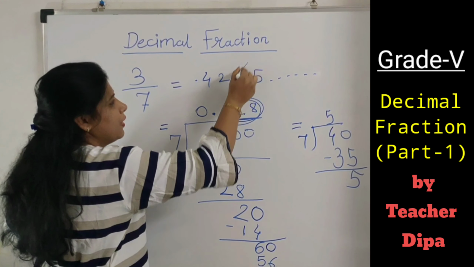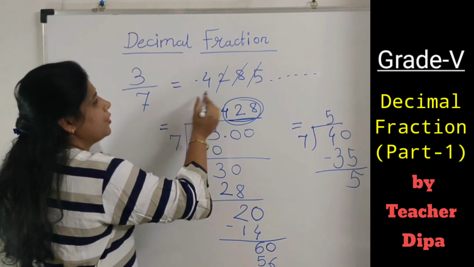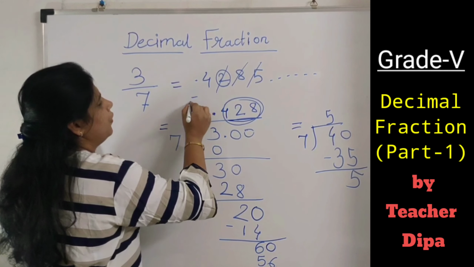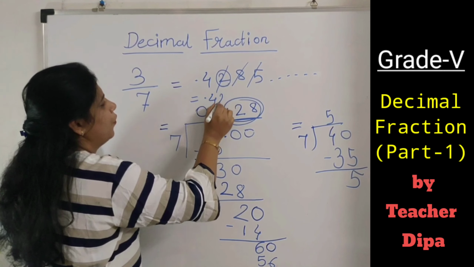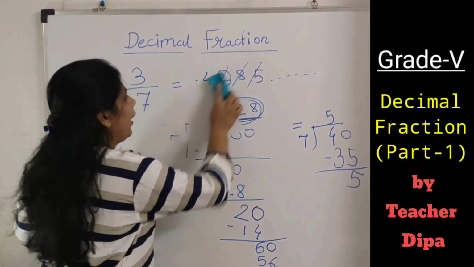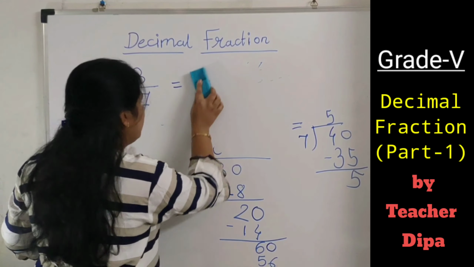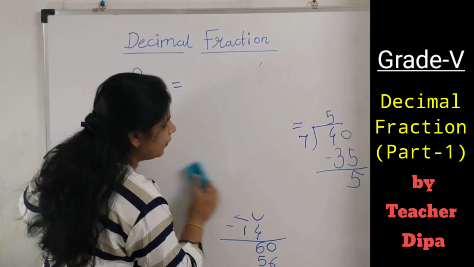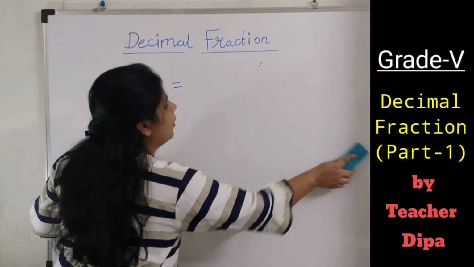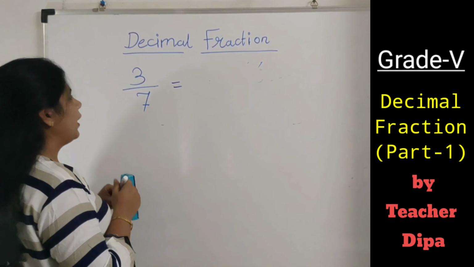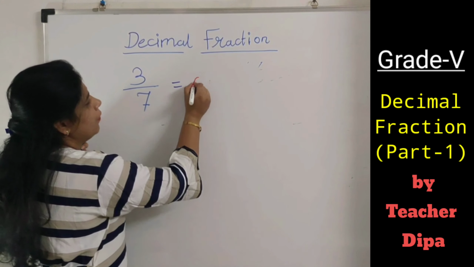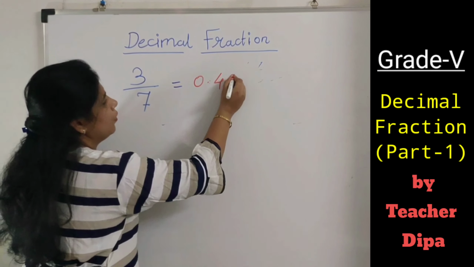So we cut this number and directly write down the next number of this. So we can get here 0.42. So while you are doing this type of sum, you have to do the division method and round off the number. So you can get the answer: 3/7 is equal to 0.43.